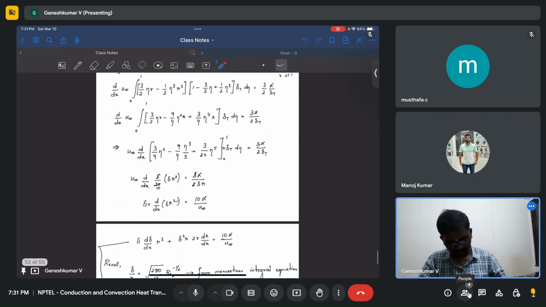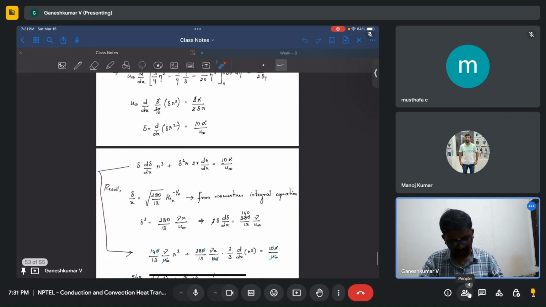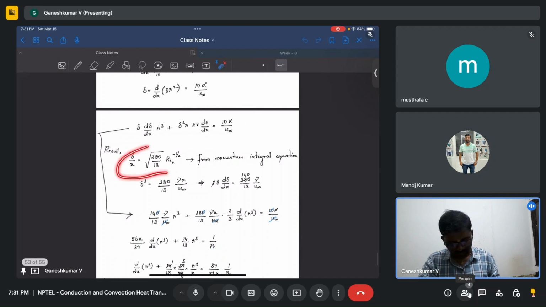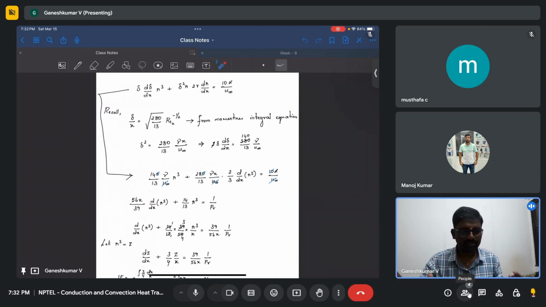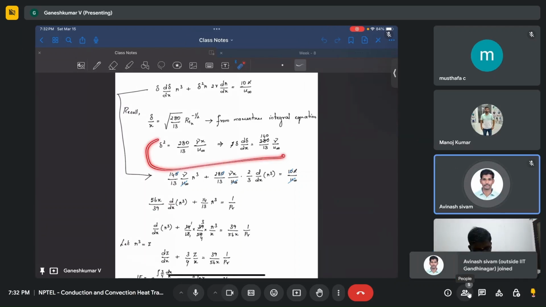So then you simplify a lot of algebra here, and if you recall, this is what we derived in the momentum integral equation. You can watch the fluid mechanics lecture of the professor to understand how this root of 280 by 13 came. Okay. All right.